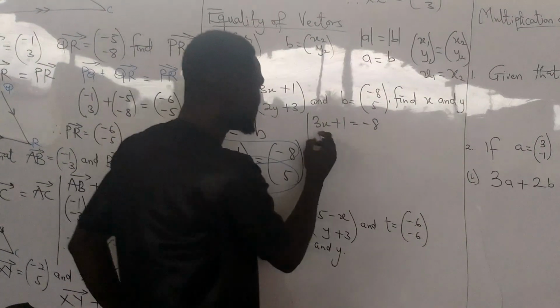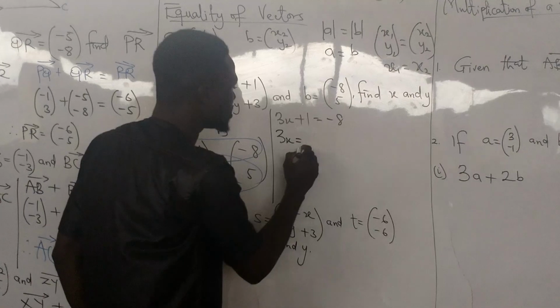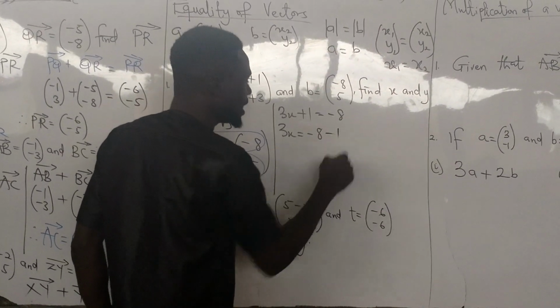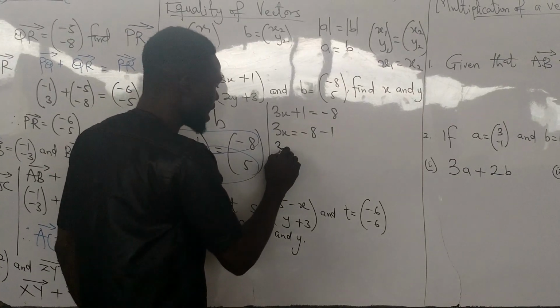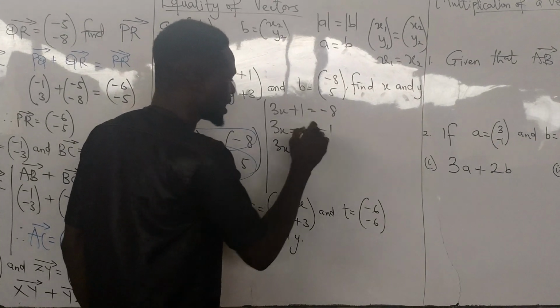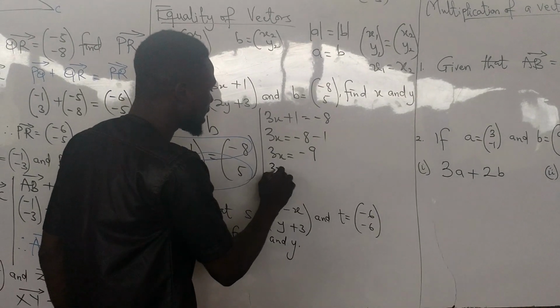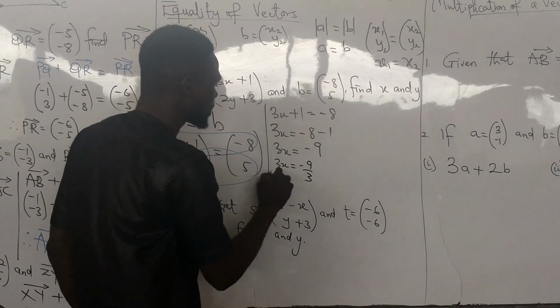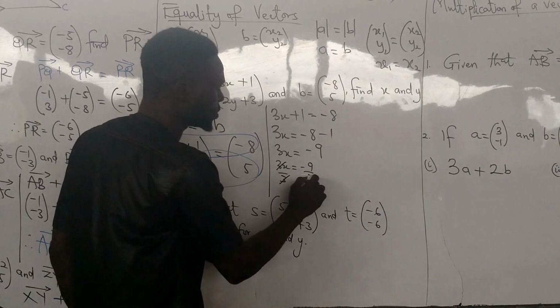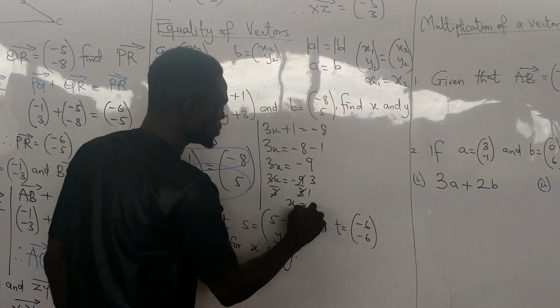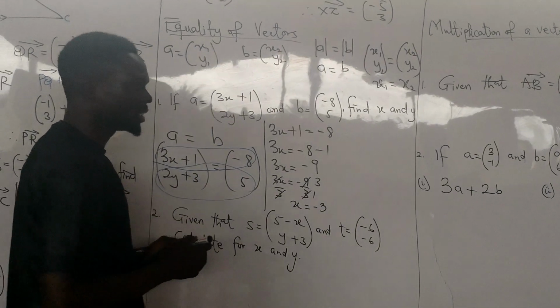So we group like terms by saying 3x is equal to negative 8, then the plus 1 will cross, giving you negative 1. So 3x is equal to negative 9. We need x, so what do we do? We divide both sides by 3. The 3 will cancel 3, 3 here 1, 3 here 3. So x is equal to negative 3.